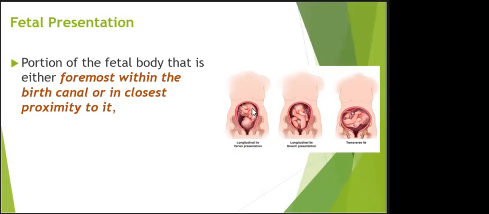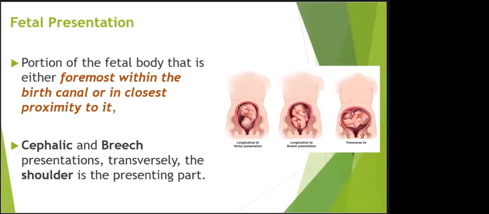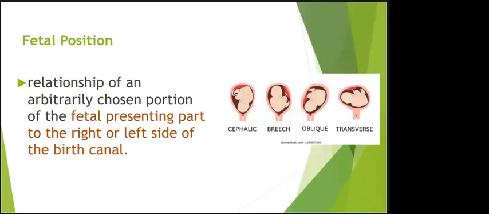So this is an example of a cephalic presentation, a longitudinal lie, but a breech presentation, and a transverse lie wherein the shoulder would be presenting. So the fetal presentation could either be breech or cephalic, and a shoulder presentation in a transverse lie.